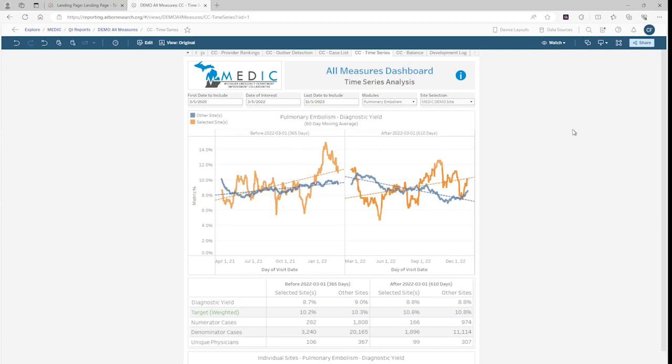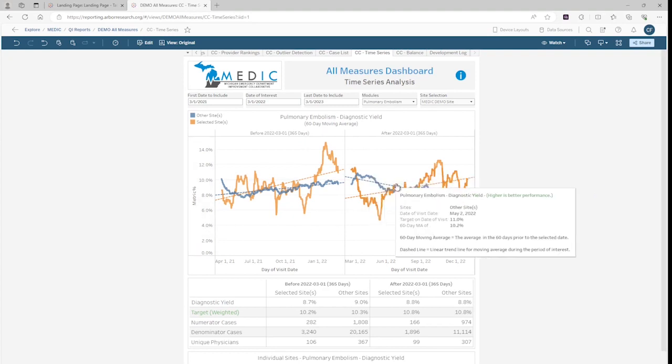You can set the before and after period to a different length of time, and so you can see based on the dates we selected up here, there's actually 610 days in the after period and 365 days in the before period. And so what I'm going to do is change this to March 2023 just to make it even periods.